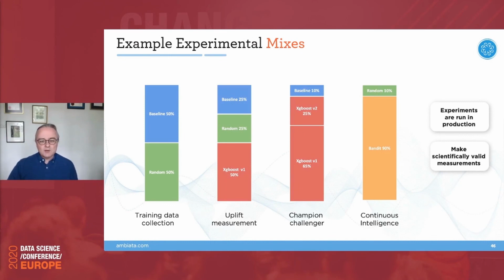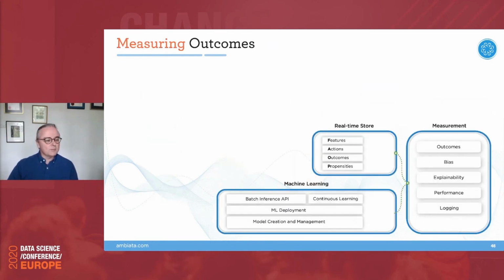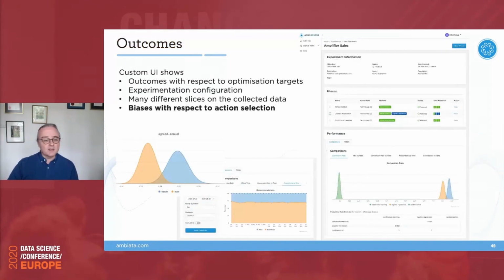Finally, what you need to do is measure the outcomes of what you're doing to make sure that you are treating your customers fairly, that you can explain the outputs of what you're doing, and that you know how well it's working in production. So we have a custom UI for looking at experimentation output, and it also measures biases with respect to different actions.